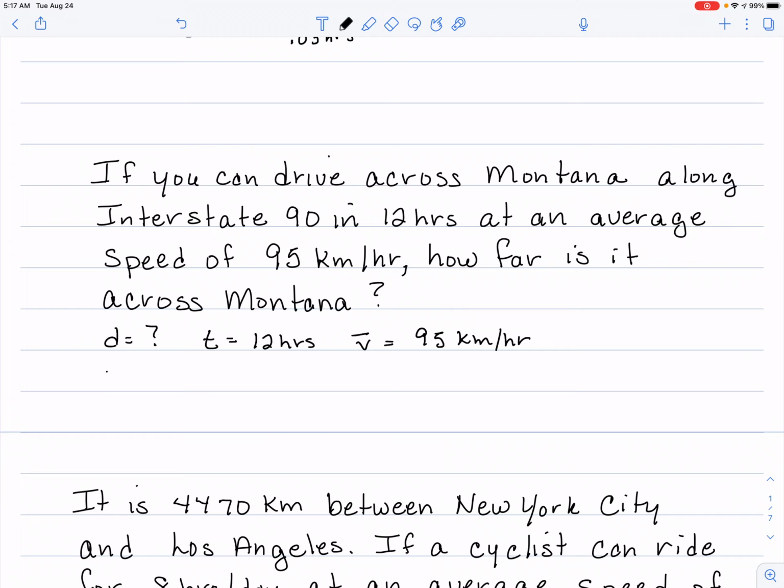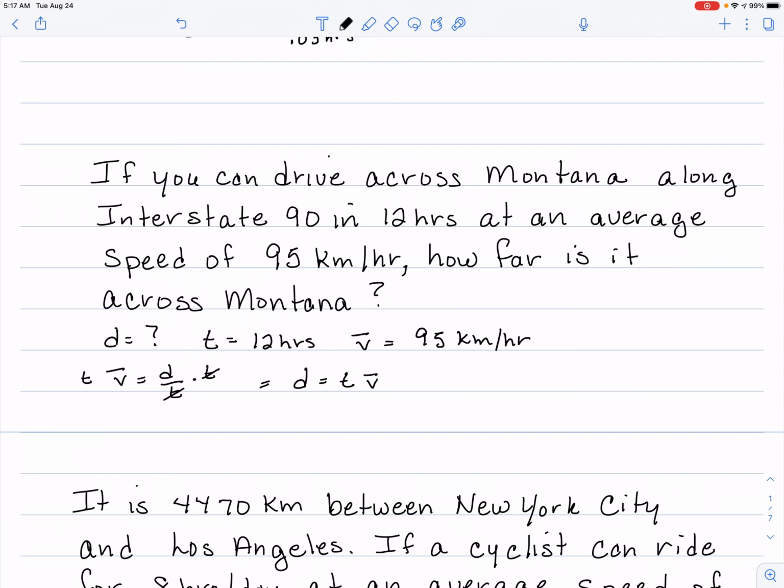So we start off with our basic formula. Average speed is distance over time. We want to solve for distance, so in order to do that, we're going to multiply t by both sides. T is going to cancel, and therefore we're going to have distance equals t times v.